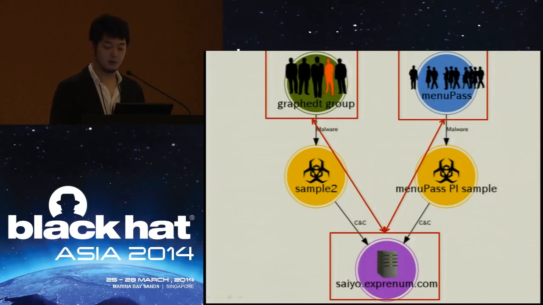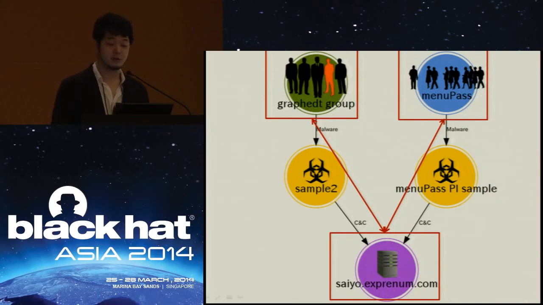Sayo.explainum.com is shared by poison ivy and PlugX samples of this group in the same period. If you'd like to know about this incident, you can see our report, IIR volume 21.